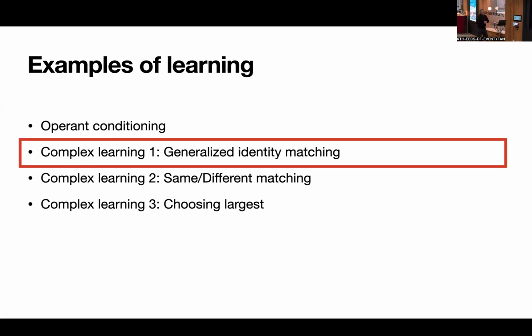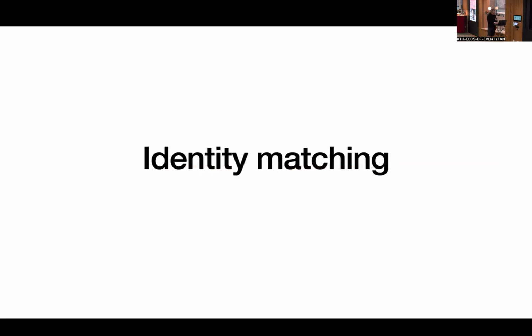What Jan de Houwer calls complex learning is one step up in complexity, and I will give three brief examples of that. So generalized identity matching, or identity matching, is simply to be shown a symbol, very similar to the experiment that Patrick showed, and we can train someone to, for example, pick the same symbol as on the top. And we learn that maybe for a particular set of symbols.